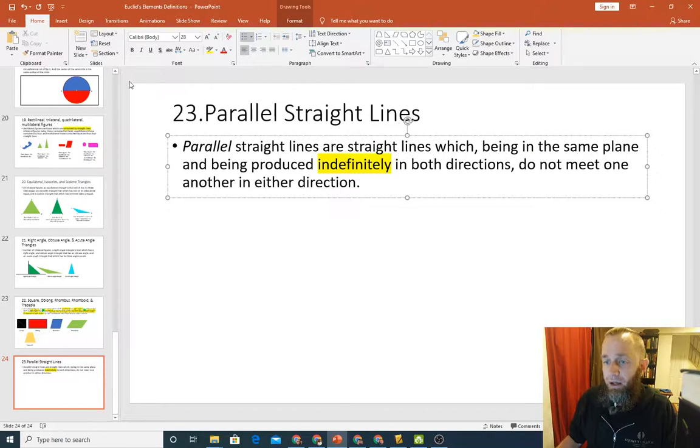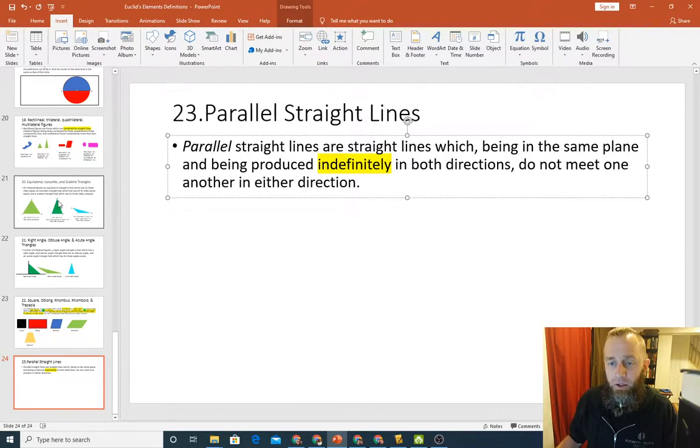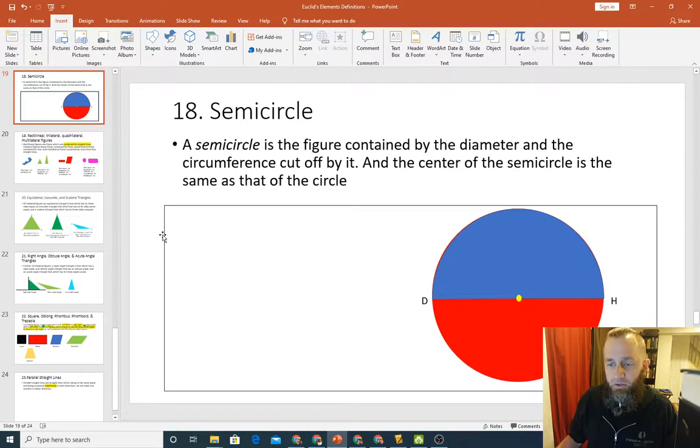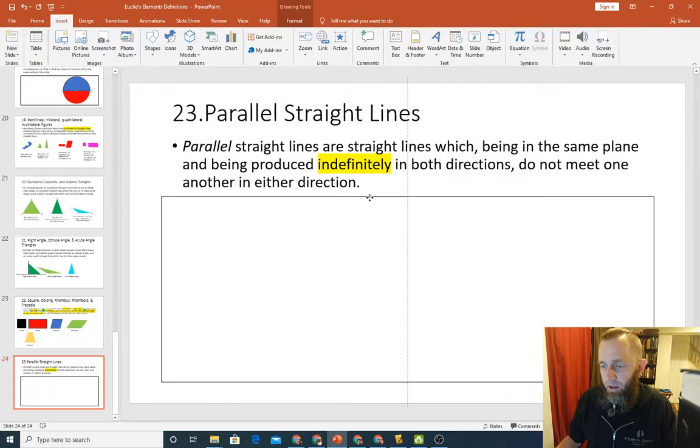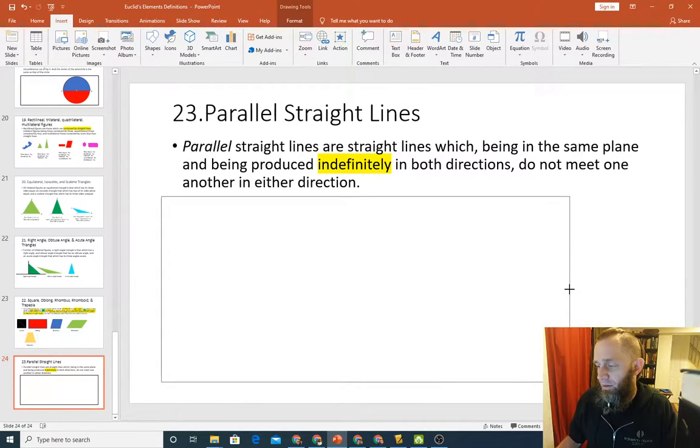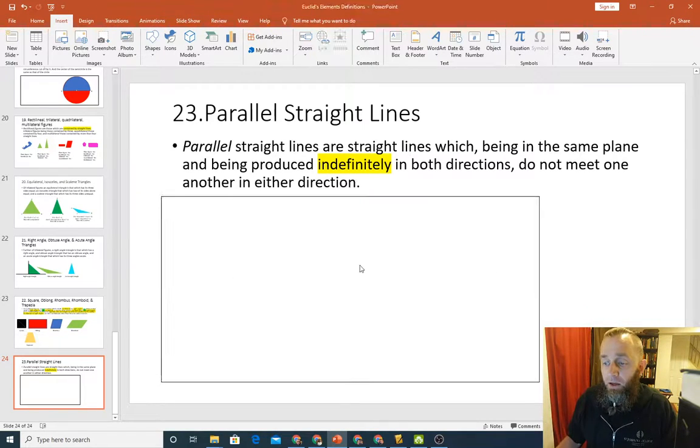So let's go ahead and do this. So let's take a straight line. Now, first we need a plane. Let's go ahead and grab a plane. We'll steal it from definition 18. Plane of definition 18. Here's our plane. I'm going to go ahead and shrink our plane because I've got to get out of my space. Okay, so here's our plane. Now, we need to realize, oh my gosh, this plane won't work. Why won't this plane work?